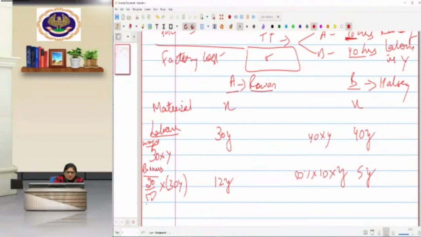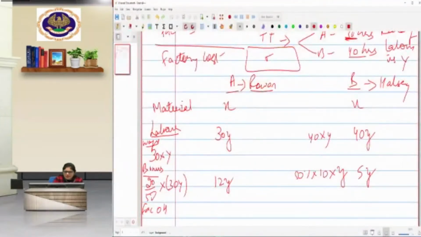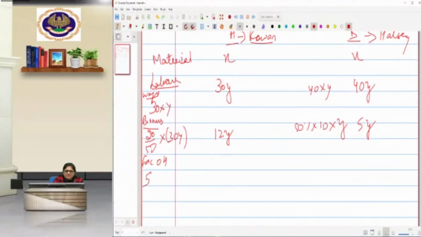Now the factory overhead. The third proportion to have the factory cost is factory overhead. If we go back here, the factory overhead is 5 per man hour. 5 is the rate, overhead rate per hour, which is given. So 5 per hour is the factory overhead into time taken.